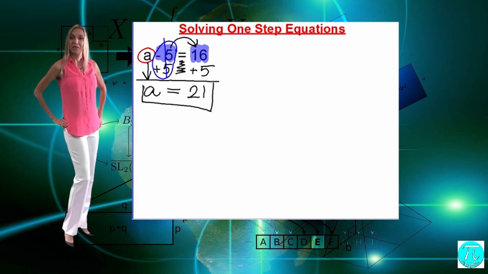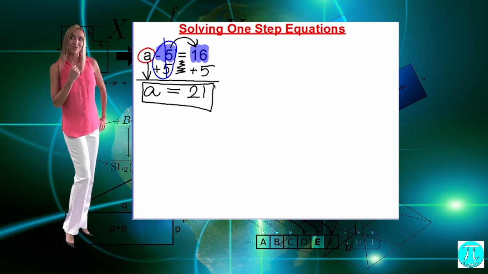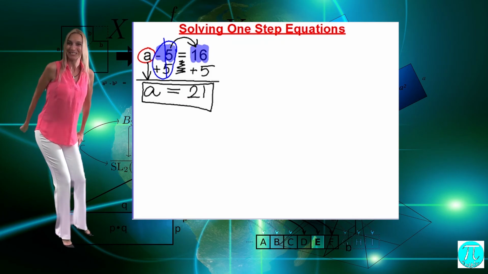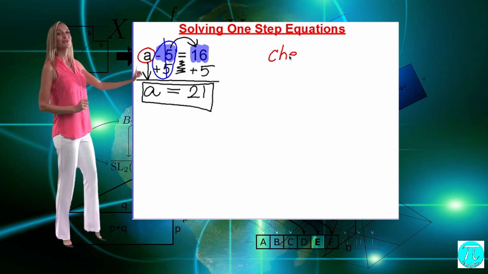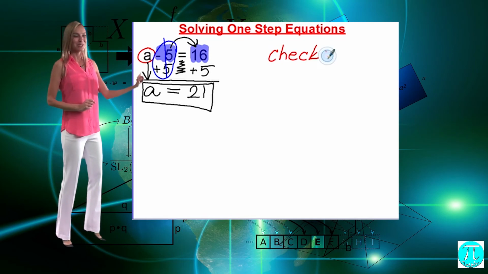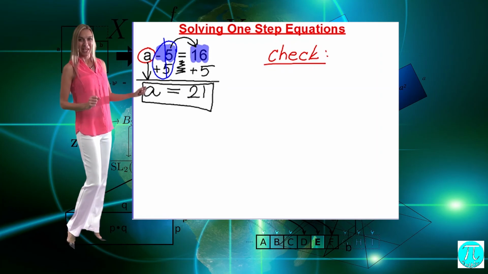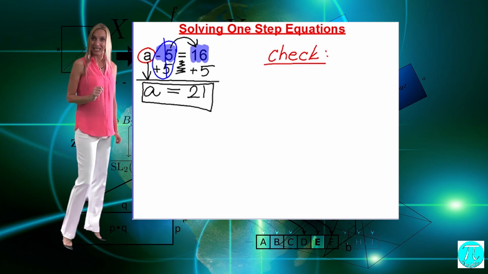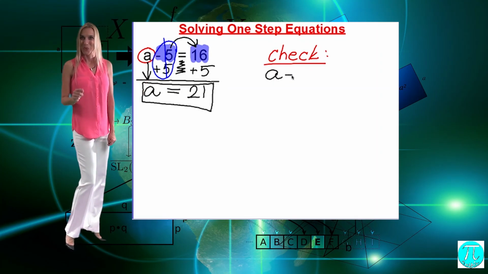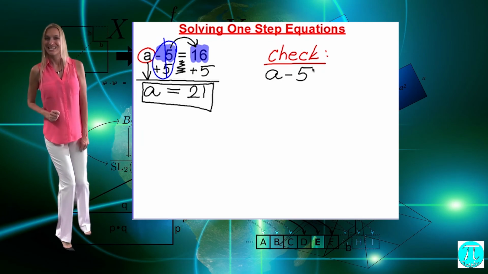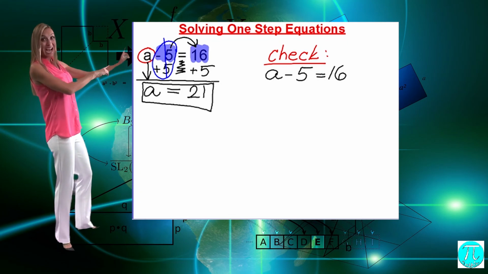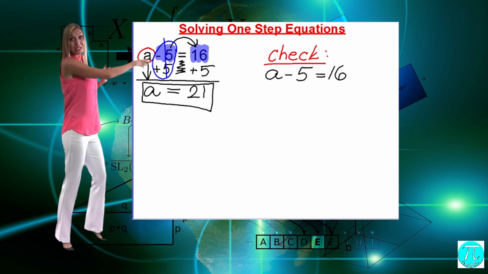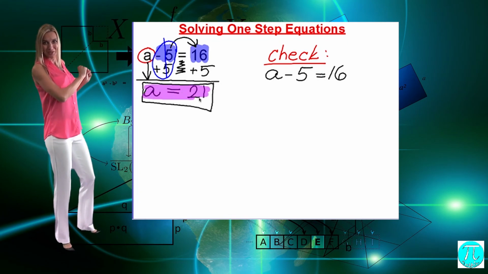Now, do you believe me? Well, I believe it, but I want to see it. Let's rewrite the original equation that says a minus 5 equals 16. And we have said that a is equal to 21. Well, let's make sure it is. Everywhere I see a in the original equation, I am going to substitute it with the number 21.